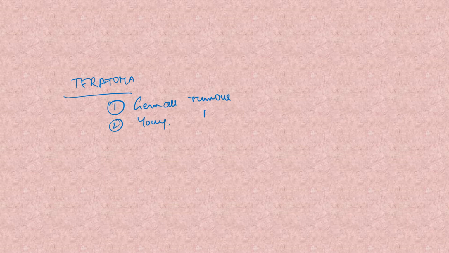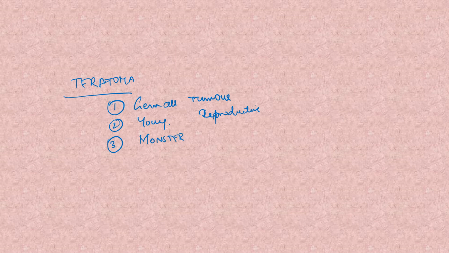So let me summarize teratomas. As I've discussed, teratoma is a germ cell tumor. It occurs in young age, especially the reproductive age group, and grossly it appears like a monster.